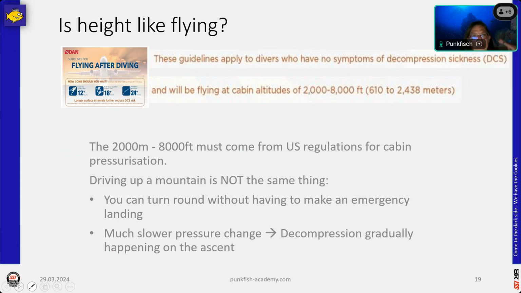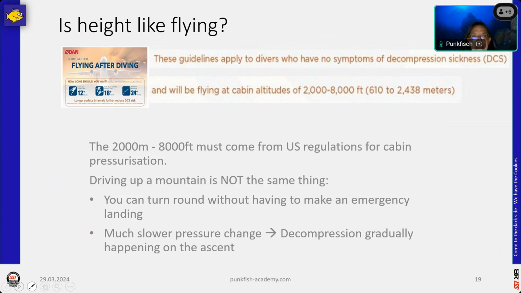I would start to think about how my dive has been, and if I really want to do that much of a pressure difference after this dive. But in general, if you drive up a mountain, this is different from flying because there is no fast ascent. Like when a plane starts, it does give you quite a fast pressure change, while driving up is the slowest thing you can ever do.